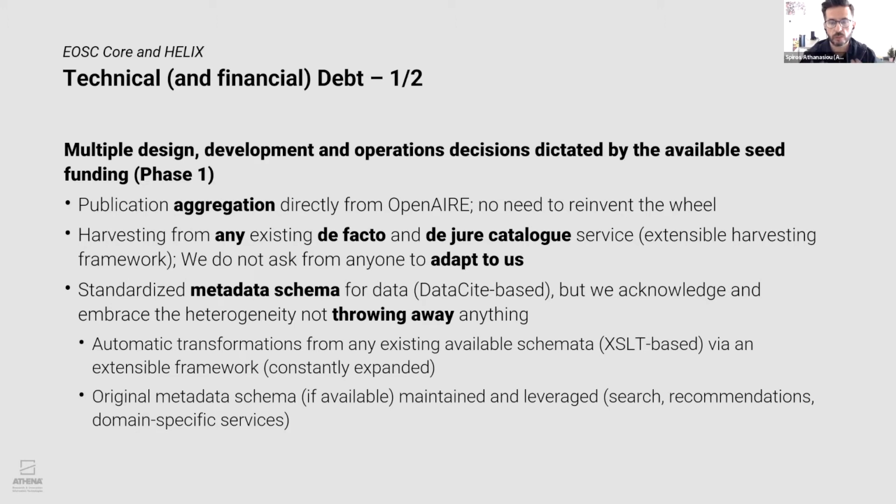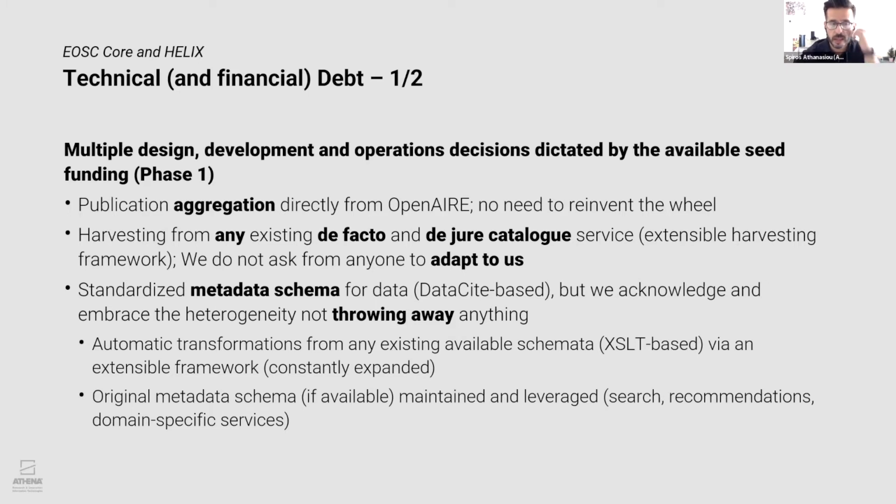We adapt to them. Obviously, we do have a standardized metadata schema, DataCite based, but we acknowledge and embrace all the heterogeneity of all the existing metadata schemas across scientific fields and do not throw anything away.